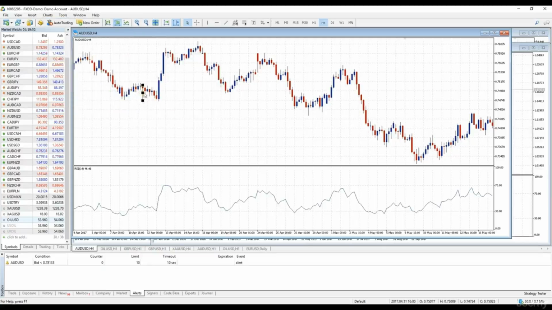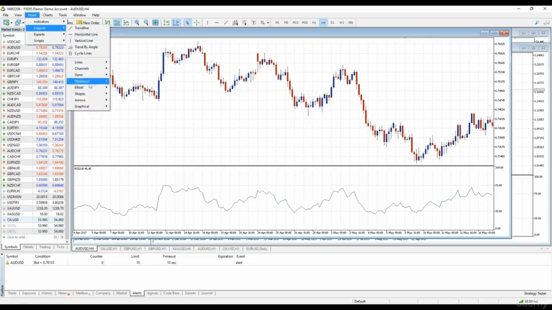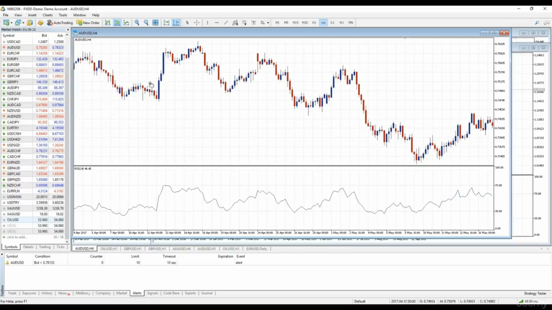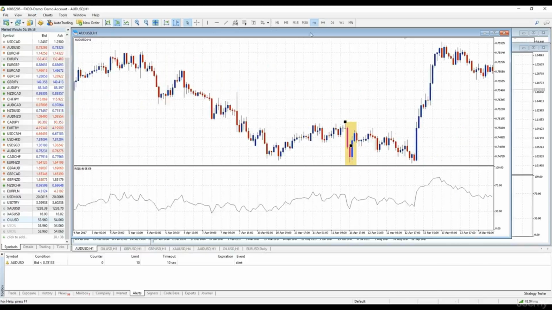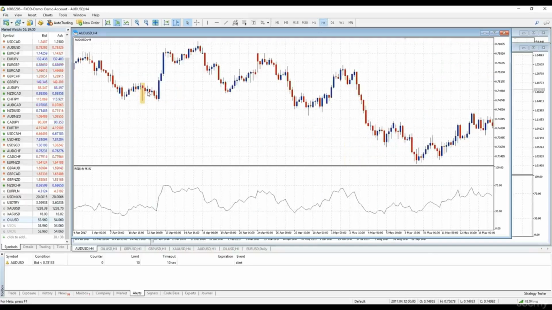Okay, because what I want to do is see what it looks like on smaller time frames. So there you go, right? Sorry, this is on a 1-hour. So this is what it looks like on a 1-hour, but if we switch over to a 4-hour, we get the hammer.